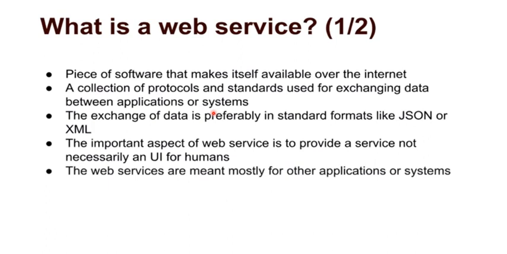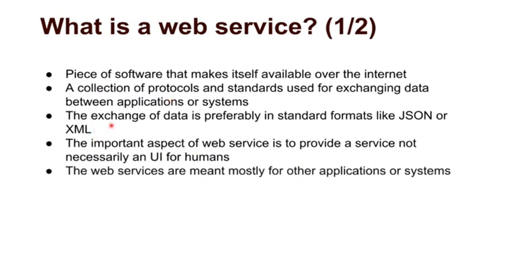So we have to build a set of protocols and standards so that the exchange of data between these types of systems is compatible and safe, so that the whole system works as an integrated unit. So definitely, for web services to keep pace with development, we have to build a set of protocols and standards for the development of web services.